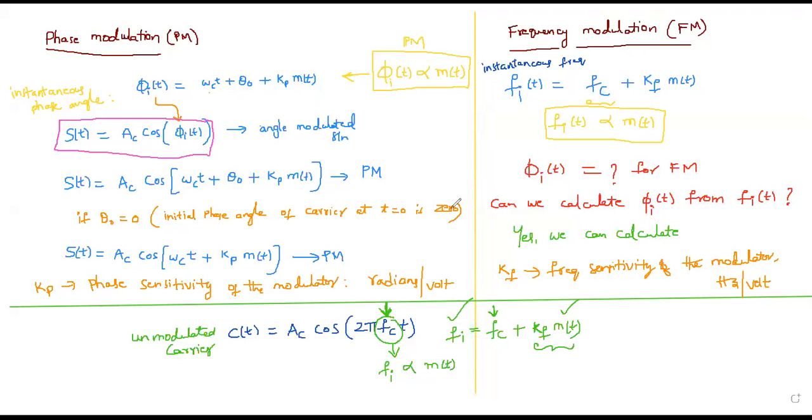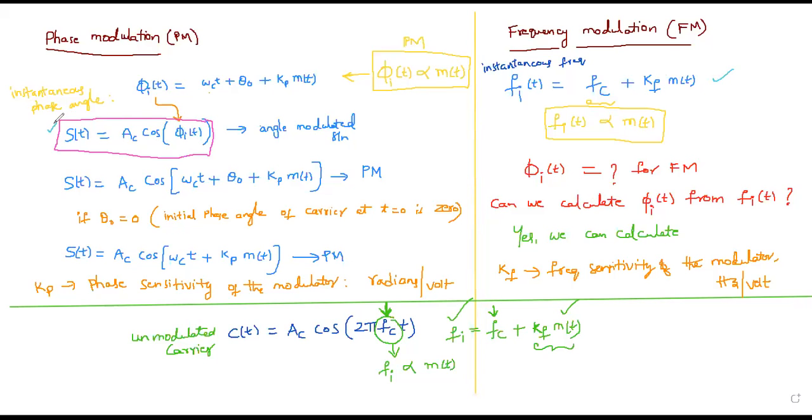Now coming back to the question that I had asked. For a frequency modulation signal, I have defined the instantaneous frequency as fi of t equals fc plus kf into m of t. This is what I have defined. Now, how can I write phi i of t? Why I am worrying about phi i of t is because this is the general template for an angle modulated signal. Am I right?